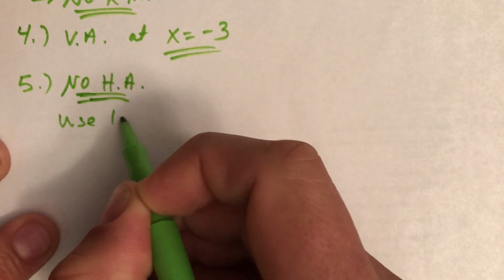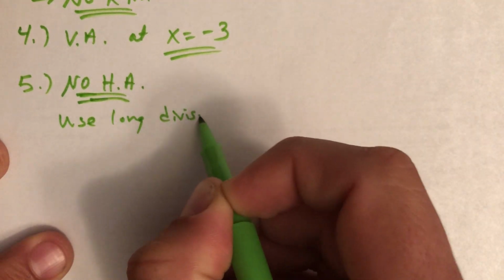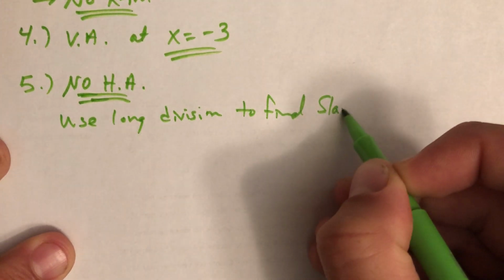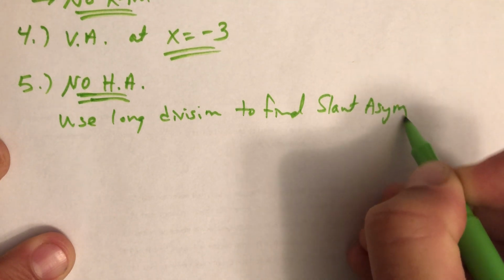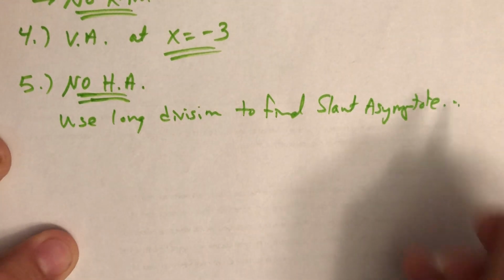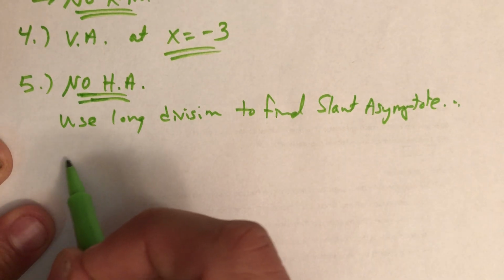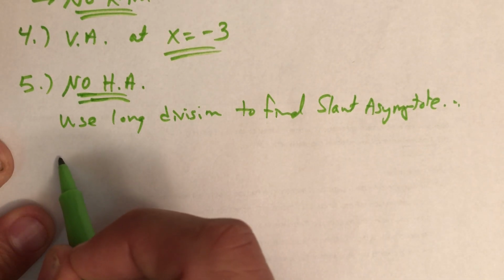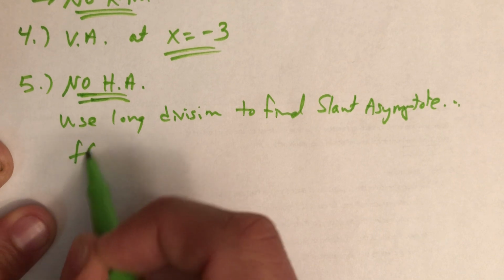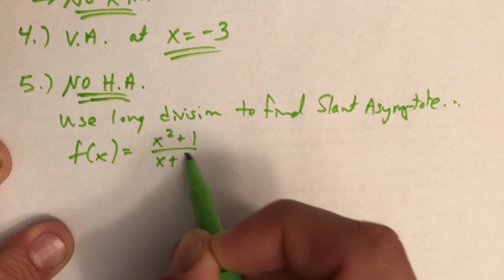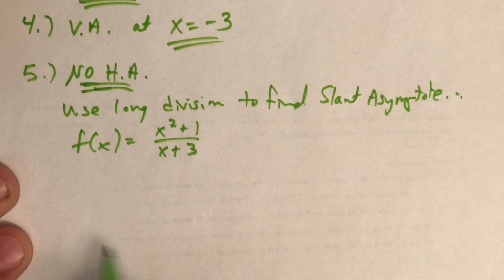We're going to use long division to find our slant asymptote. Okay, so we're going to divide. Okay, let's use long division, and we'll do the work down here.